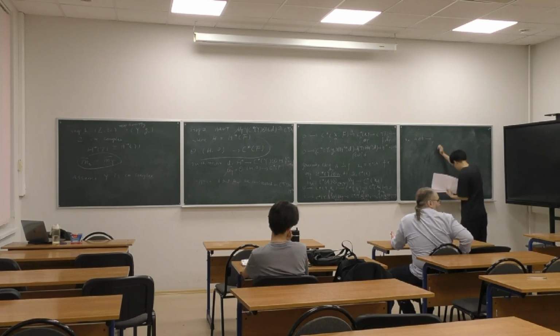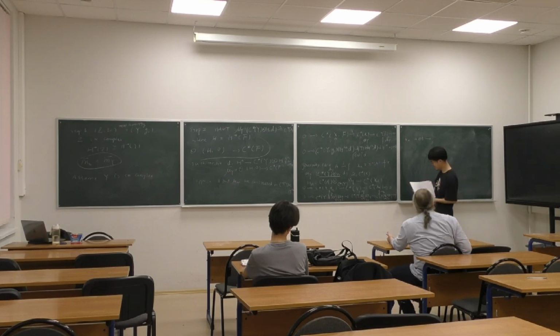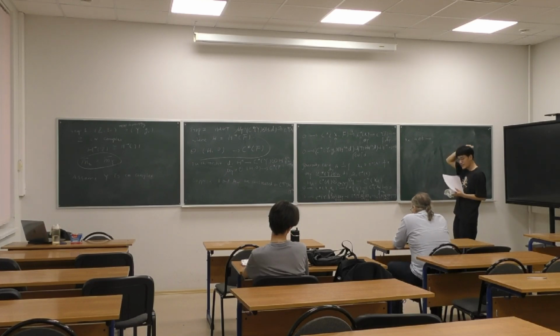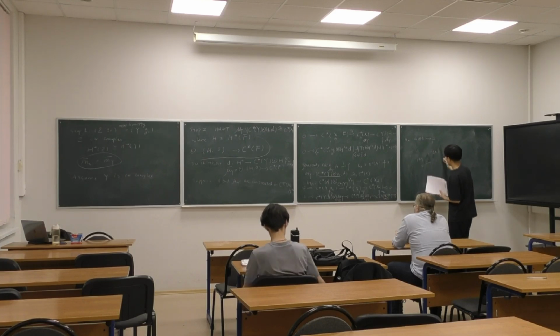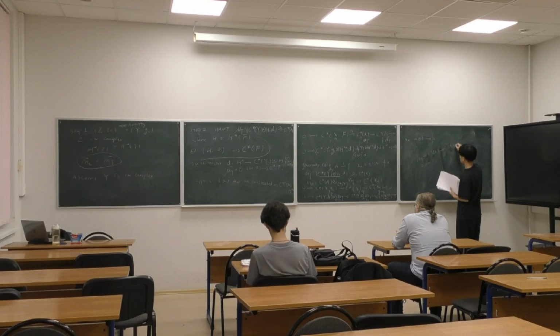I think this is the last page I read here. You have my, you can go to C star X, and you can go to C star XA just by the inversion of the inclusion.